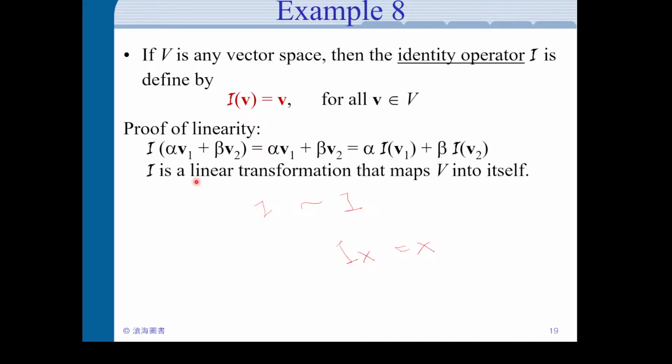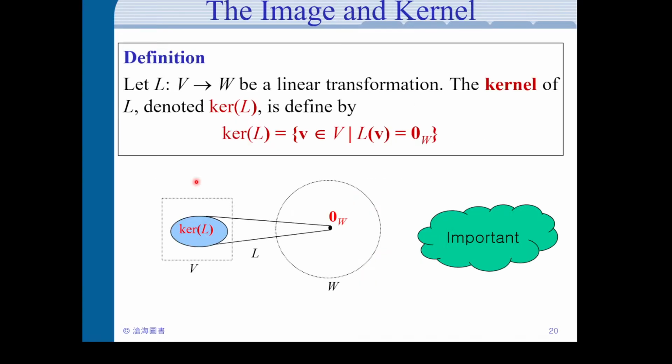Let's go to the main part of this lecture: the image and kernel. This is a little bit more about the mapping to zero of a linear map. Let's first talk about the idea of kernel.